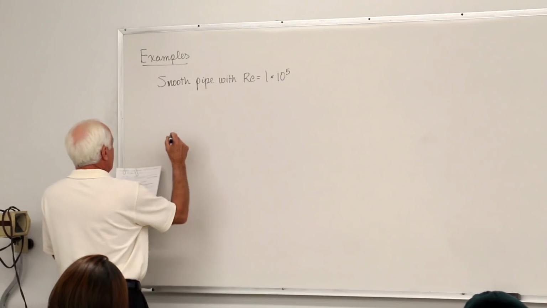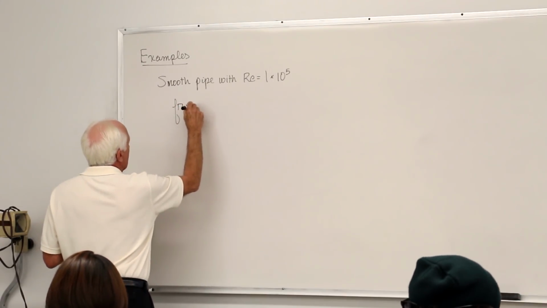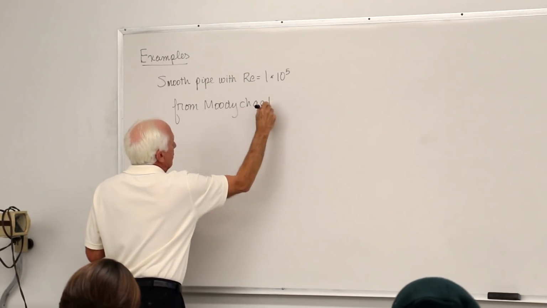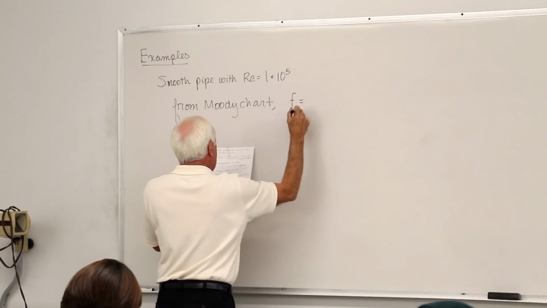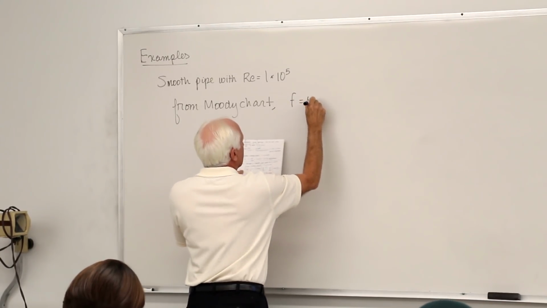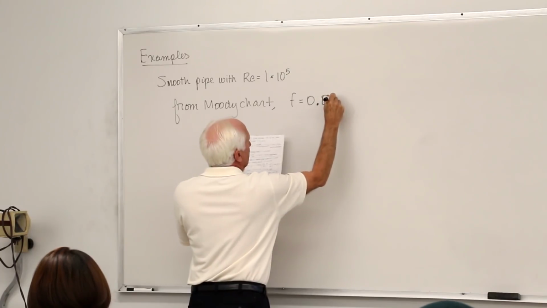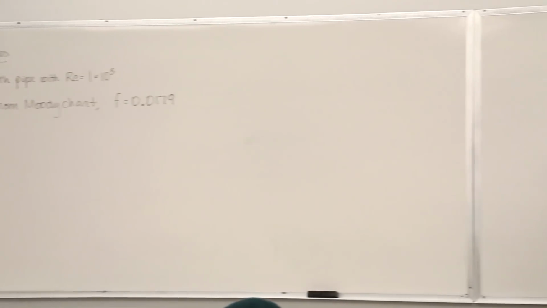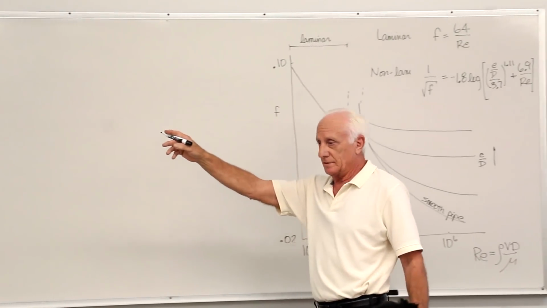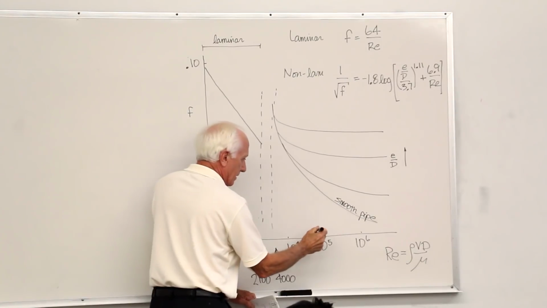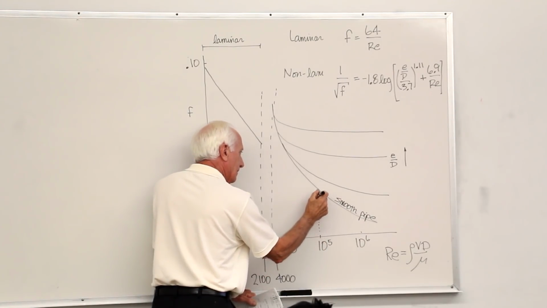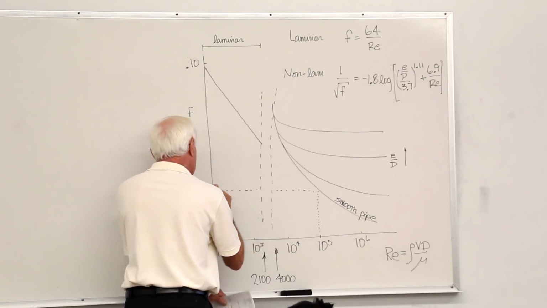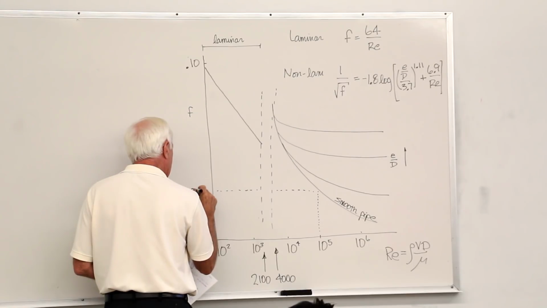And I go to the Moody chart, I get F equal 0.0179. One times 10 to the fifth. Over here, I go up here. Smooth pipe, I go horizontally across. 0.0179.